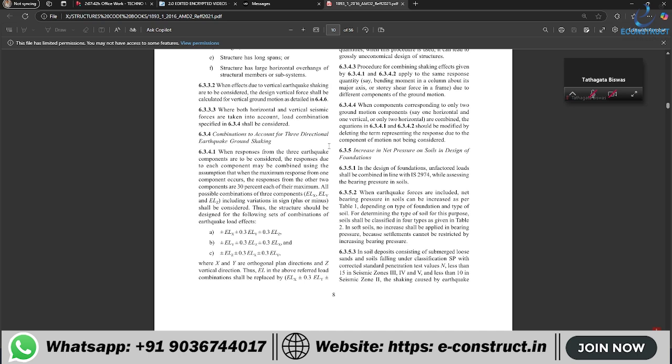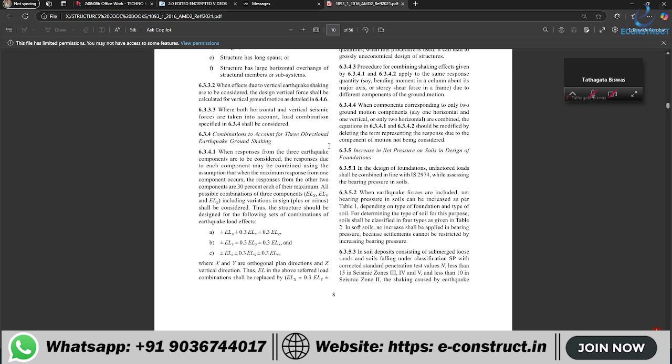The design vertical force shall be calculated for vertical ground motion as detailed in 6.4.6. Where both horizontal and vertical seismic forces are taken into account, load combinations specified in 6.3.4 shall be considered. Combinations to account for three-dimensional earthquake ground shaking. It's not three-dimensional, it's three-directional.